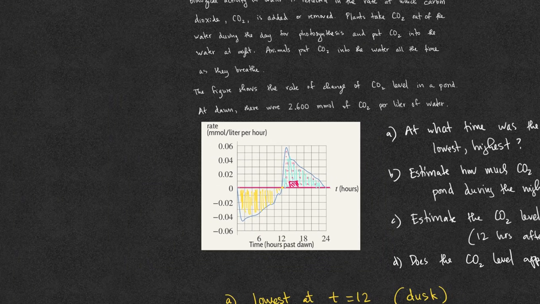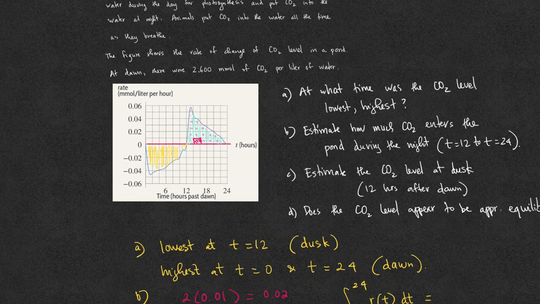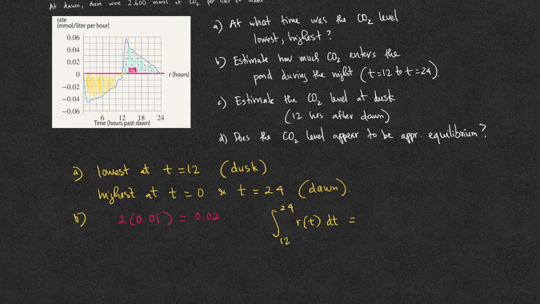So there are approximately 15 squares under that curve. Each square has the amount 0.02, so 15 times 0.02 is approximately 0.3. So approximately 0.3 millimoles per liter, because the rate is in millimoles per liter per hour, is how much CO2 enters the pond during the night, from t equals 12 to t equals 24.